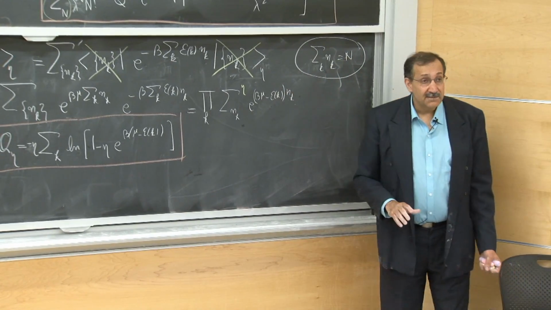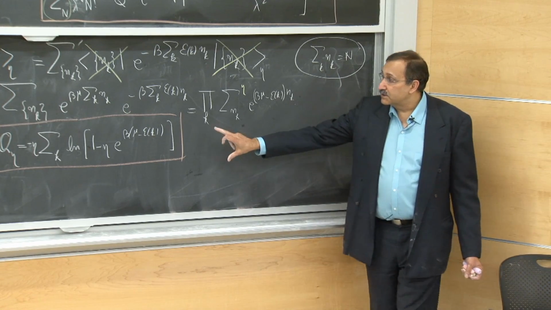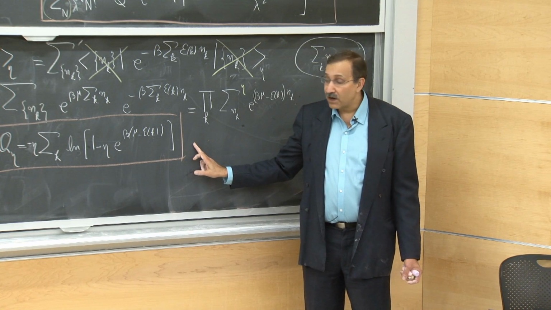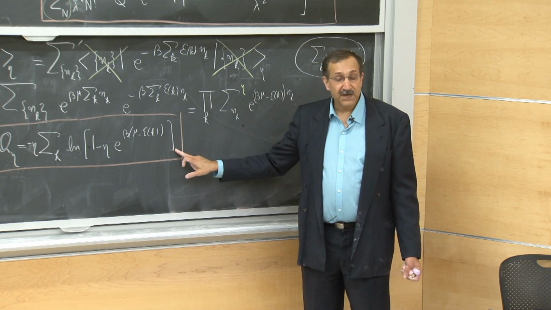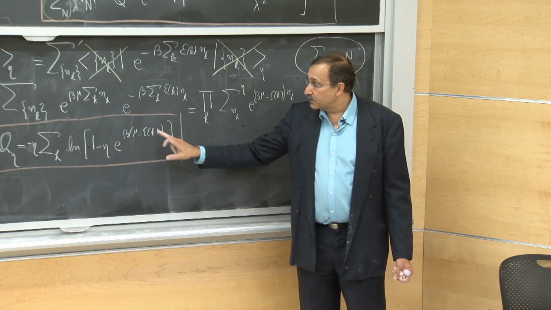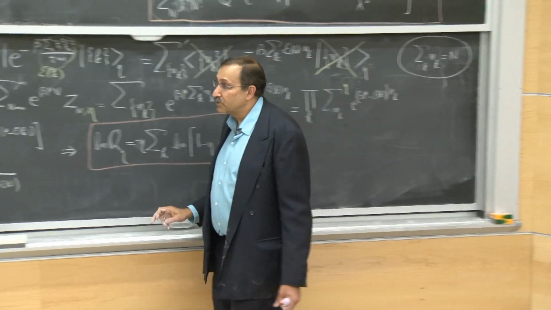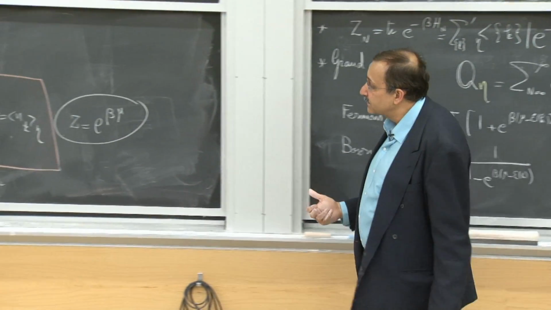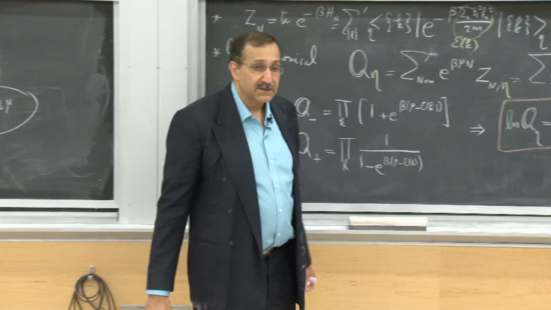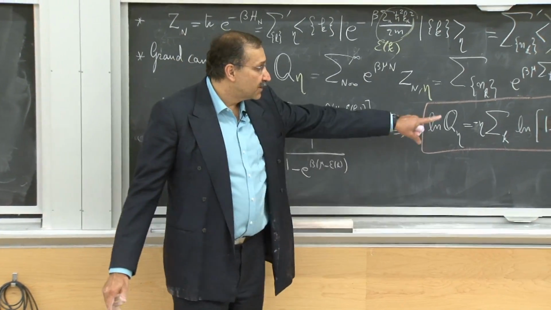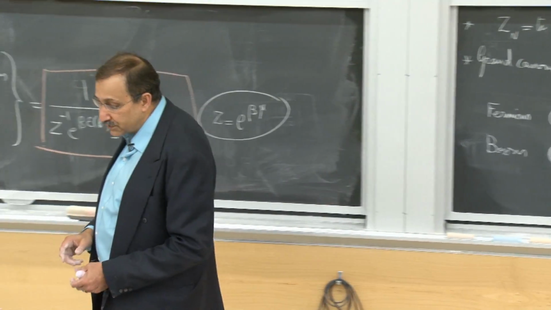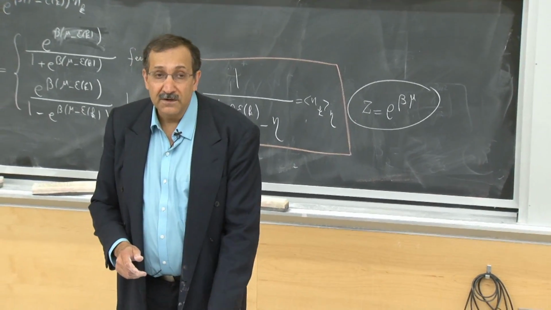So next time, we will start with this expression for the case of the particles in a box to get the pressure of the ideal quantum gas as a function of mu, but we want to write the pressure as a function of density, so we will invert this expression to get the chemical potential as a function of density to put here, and therefore get the expression for pressure as a function of density.